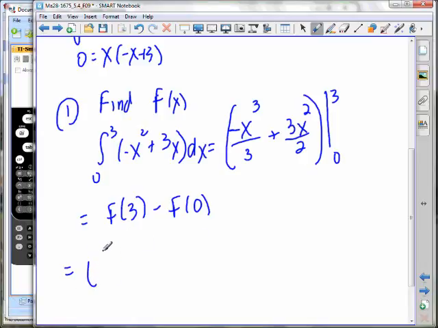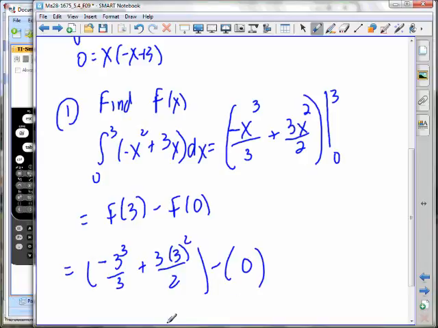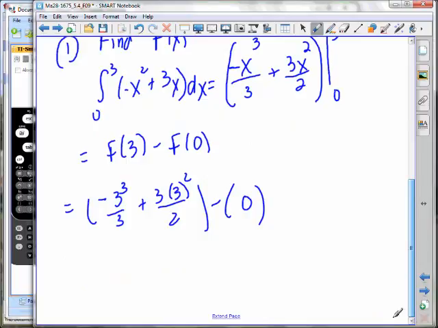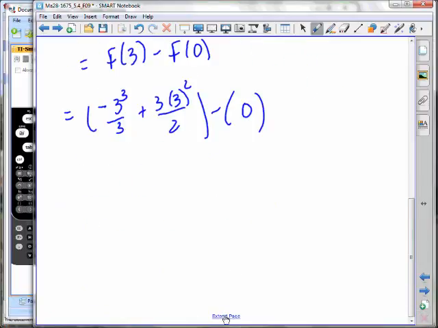This is negative 3 cubed divided by 3 plus 3 times 3 squared divided by 2 minus, do I even have to do this part? 0, right? If I put 0 in that, it's just going to be 0. Equals.